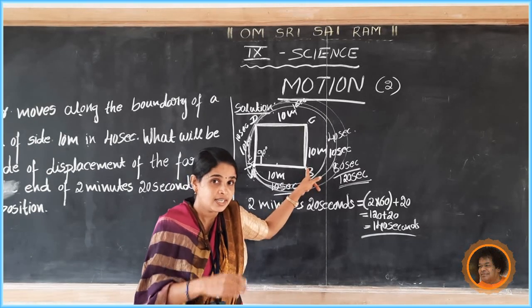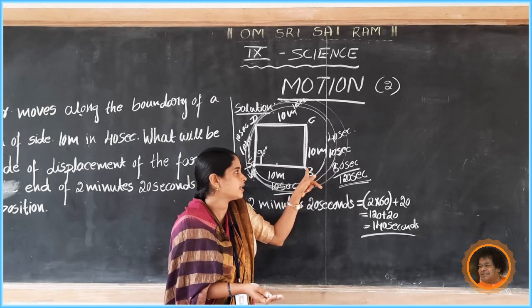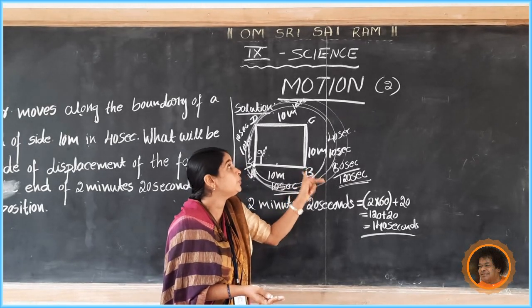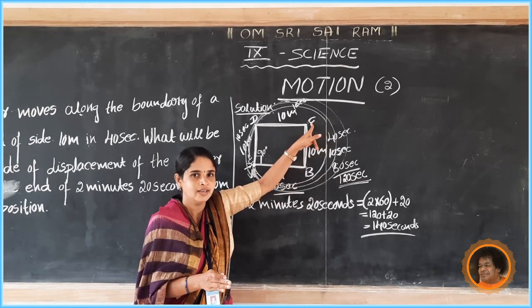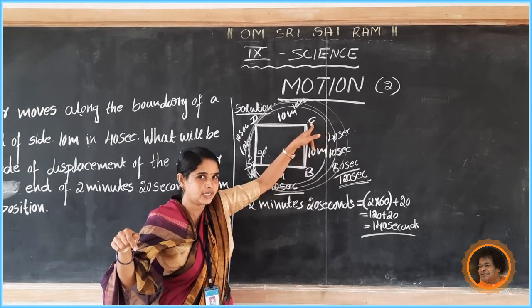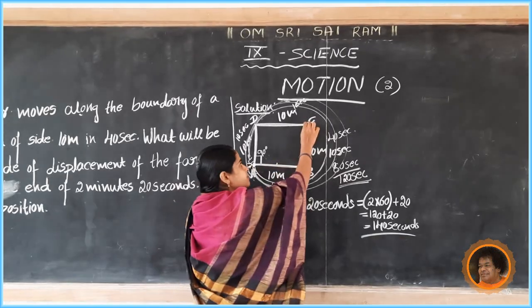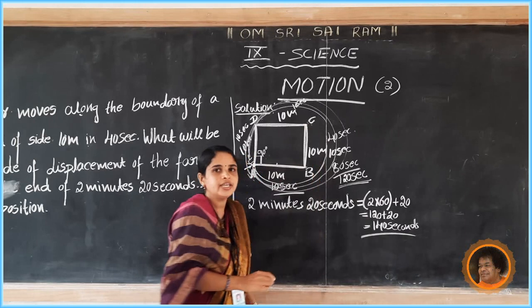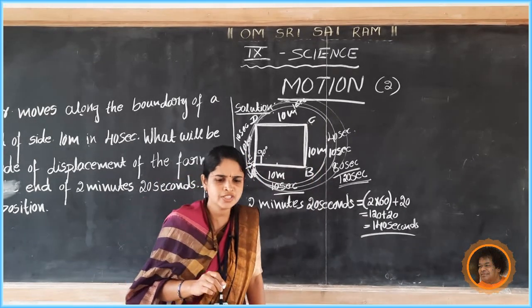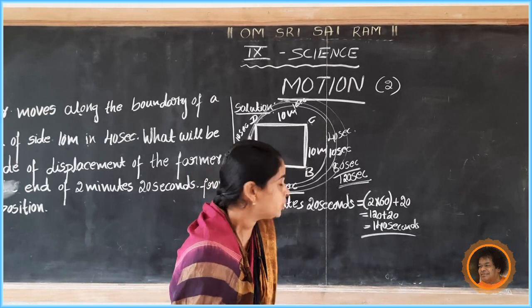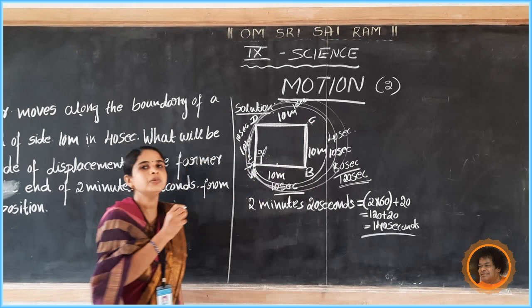Okay. Next, in the next 10 seconds, he moves from B to C. Here 130 plus 10 seconds, in 140 seconds, his position is C. So, what is the final position of the farmer?